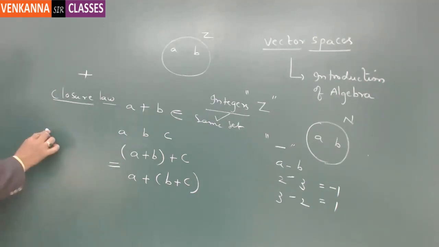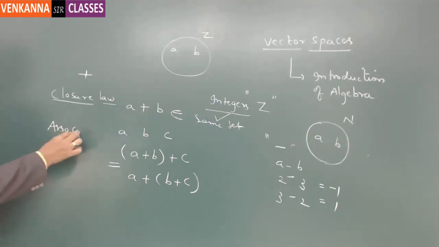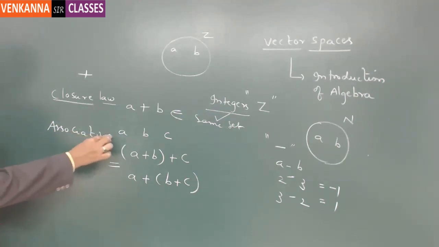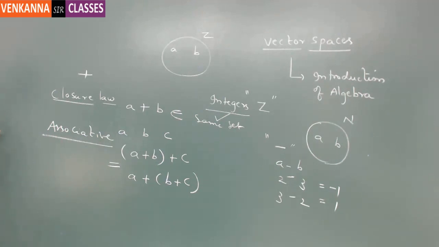So this property is called associative. Did you come across these properties earlier or not? If not, please take a note of them. However, we are not using these properties while solving the problems, but these are important in understanding the context of vector spaces. Okay.